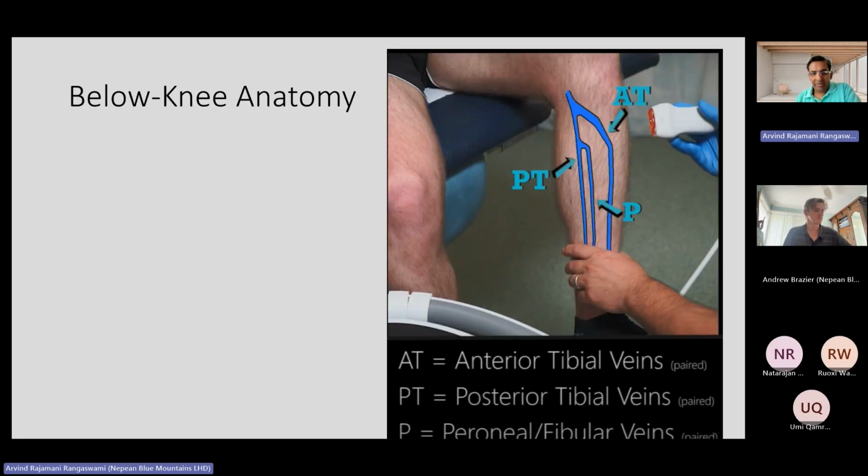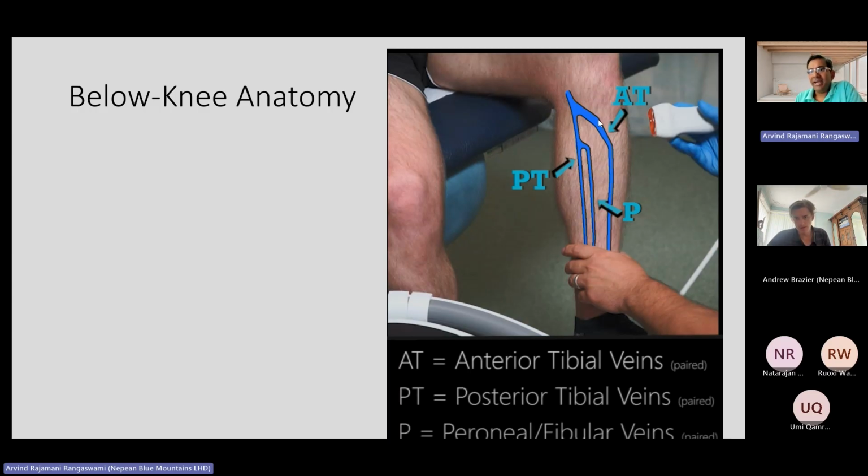Now the below knee anatomy, I'm going to go into this in very short detail, but I do not scan below the knee. Therefore, I'm not an expert. But it's not difficult for you. If you want to practice your scanning, and if you have an extra 5 to 10 minutes, there's no problem at all.